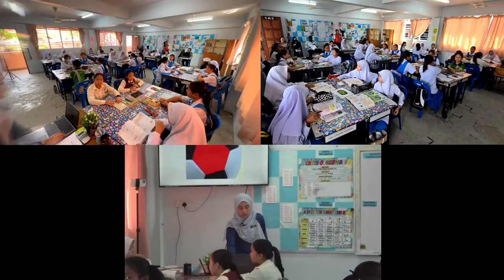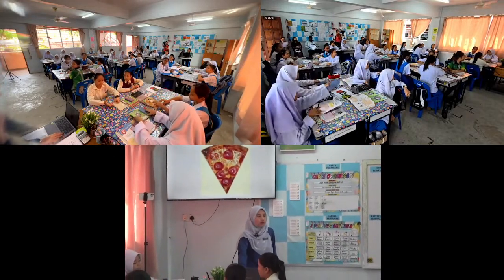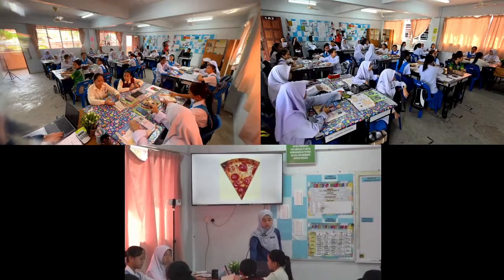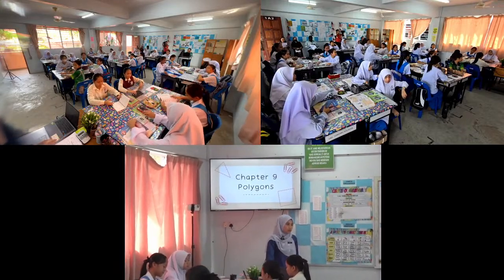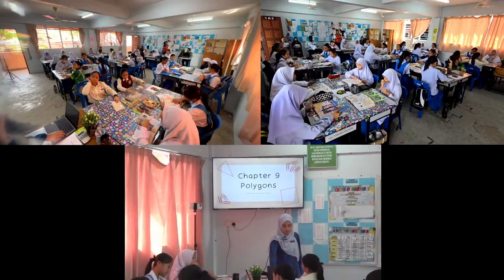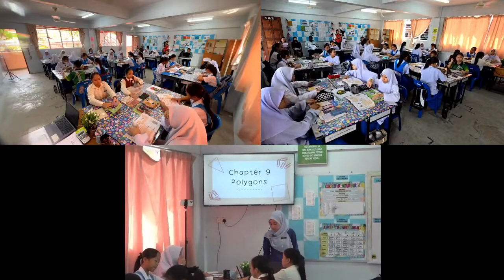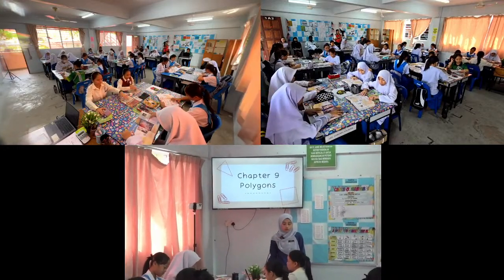Alright, it's okay. So, our title for today's lesson is Chapter 9 Polygon, okay? So, we are going to see Chapter 9 Polygon. On your textbook, you can refer to page 202, okay?